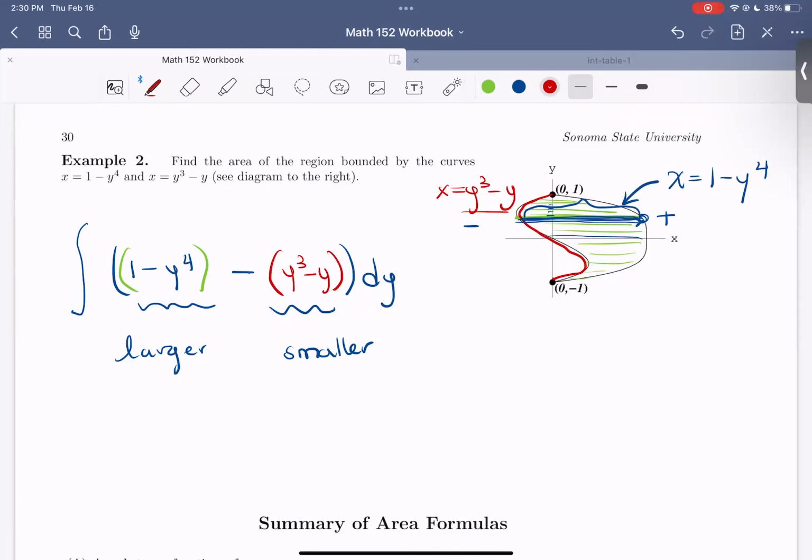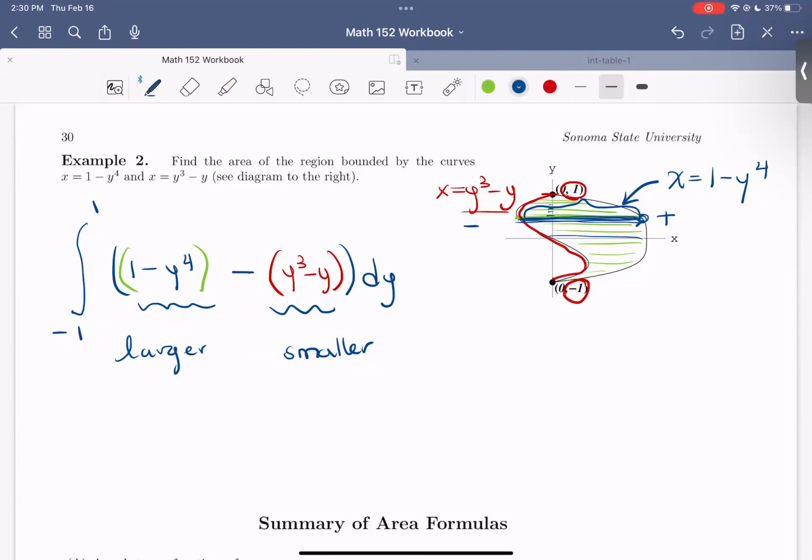Now we just need to check the integration bounds. The largest value of y we start with is 1, and the smallest value we go to is negative 1. So those bounds go from negative 1 to 1. Here's the integral that we need to compute.